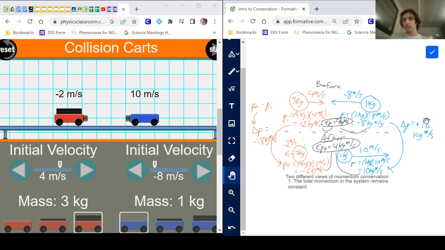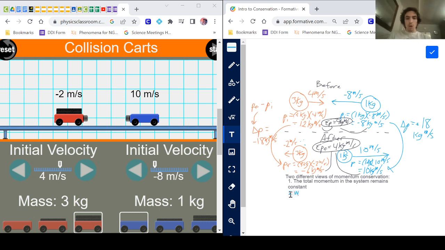It gained 18 kilogram meters per second, and the red object lost 18 kilogram meters per second. So that's the second of these sort of two equivalent ways of looking at conservation, is whatever is lost by one object is gained by another.